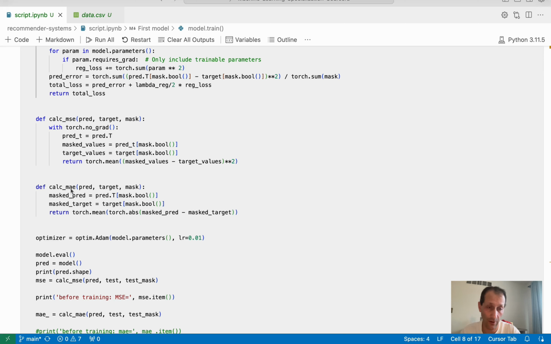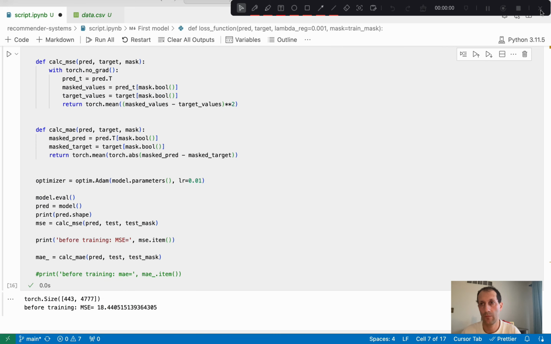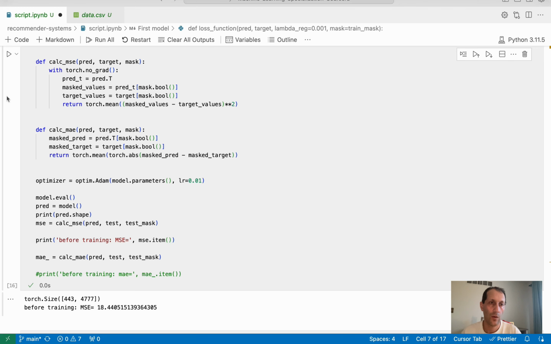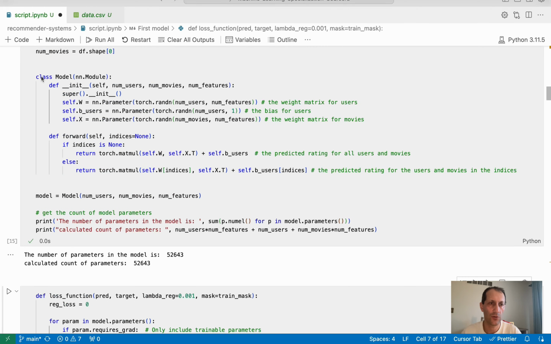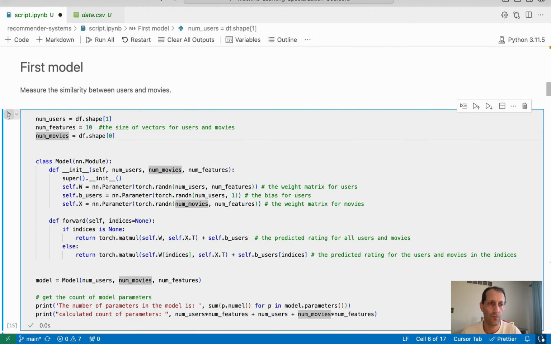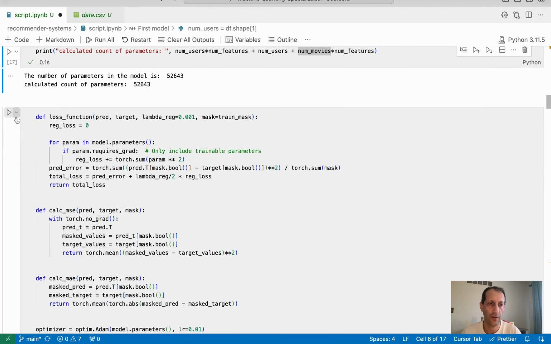And I also calculate the mean absolute error, which I felt is more relevant for the end user. All right, shut this. So let me go back, make sure I had to pause the video for a second.